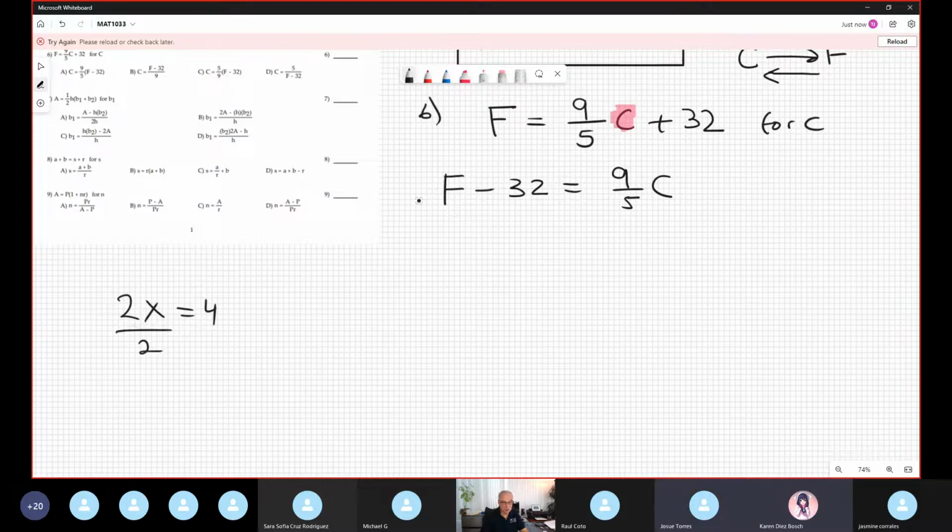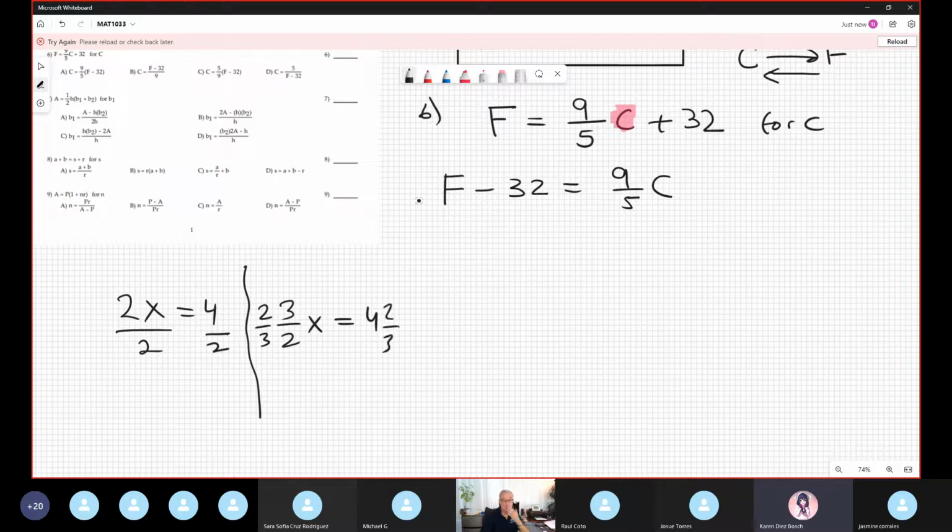Divide by 2. But I want to complicate your life now. Suppose it's not a whole number, suppose it's a fraction. 3/2 x equals 4. How do you eliminate this 3/2? Well, you multiply by the reciprocal. The reciprocal is 2/3, on both sides.